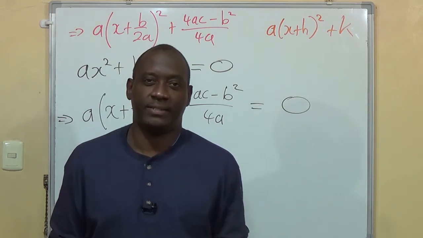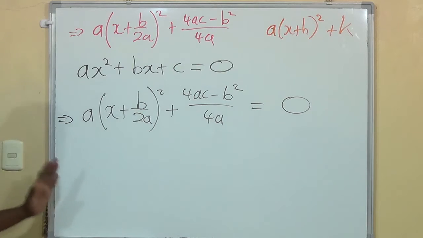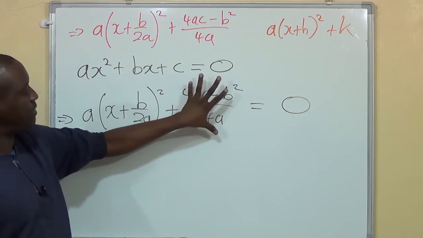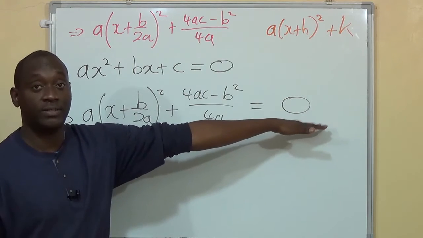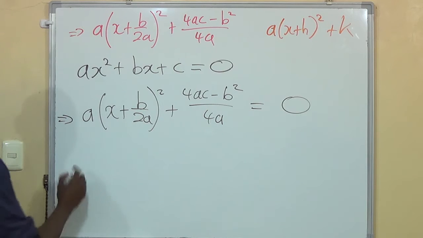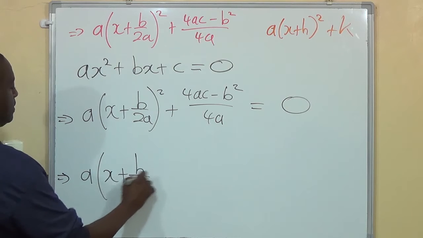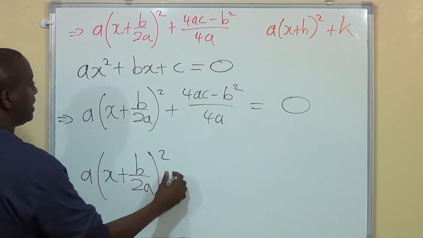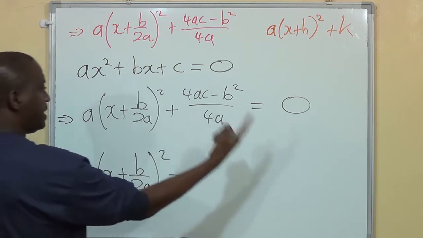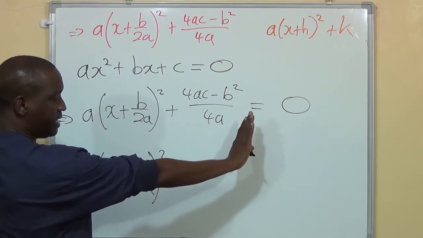we're solving for x. So the first thing we want to do is take this whole thing here and carry it across to the other side of the equal sign. So the next step will be to say that a into x plus b over 2a, squared, is equal to, and if we take this across, remember we're changing the signs.